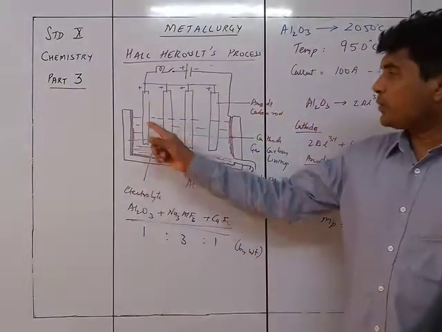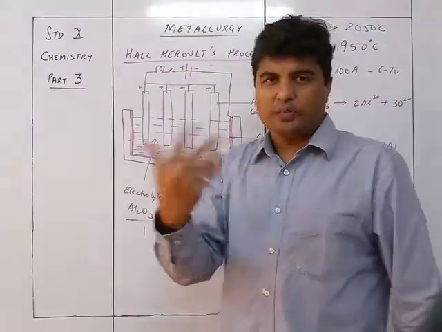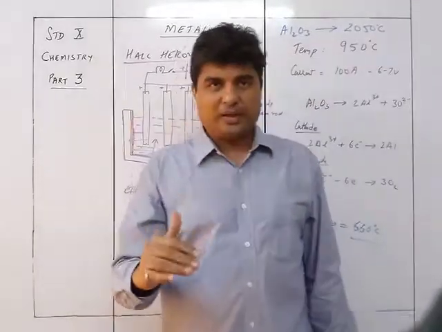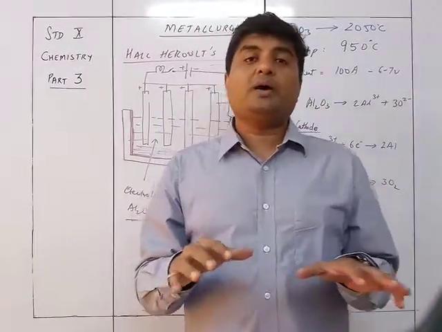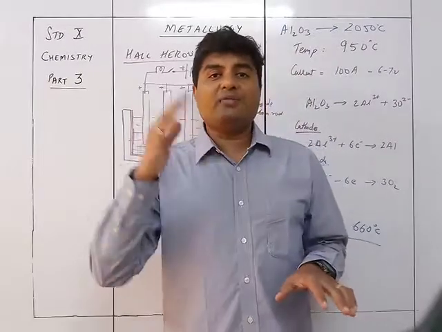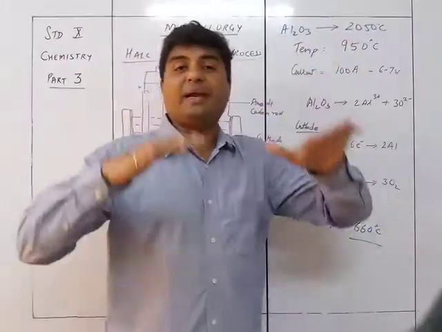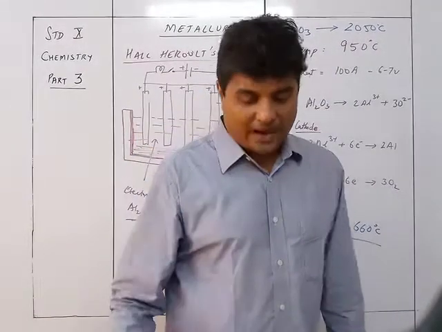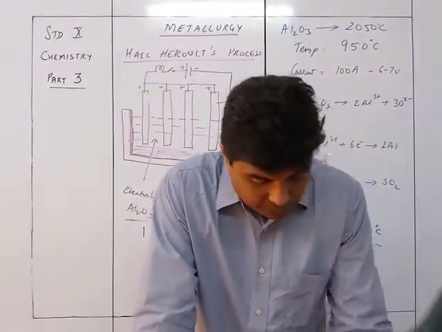So when powdered coke is over here, the carbon rods, which could heat up and burn out, get protection. Plus the carbon powder, which is a bad conductor, does not allow the heat to radiate out. So the temperature of 950 degrees can be maintained easily when you put the powdered coke on top of it.